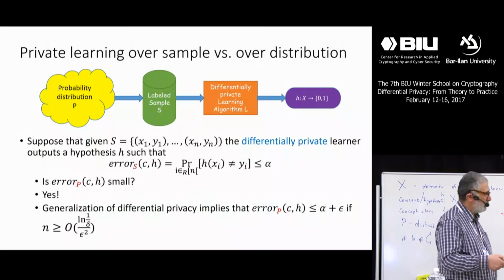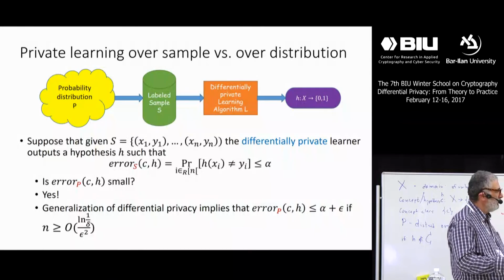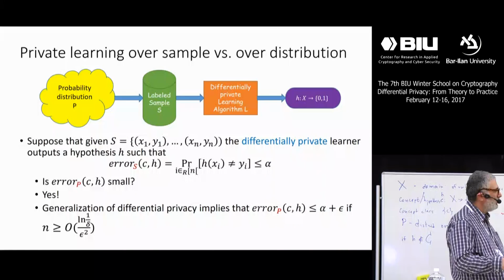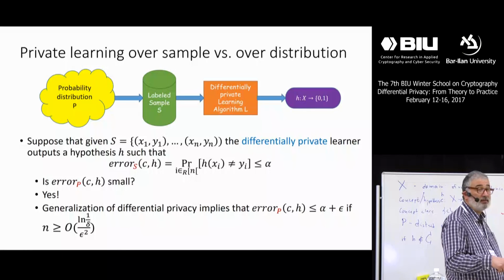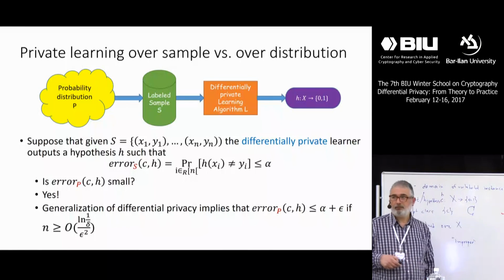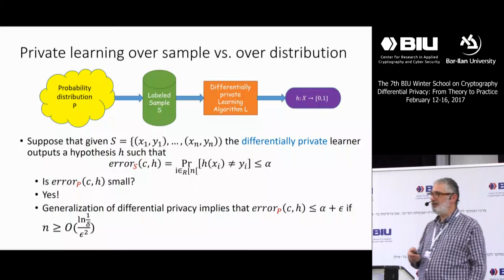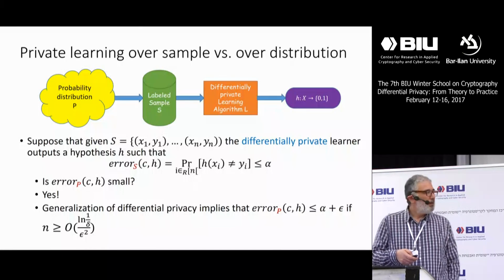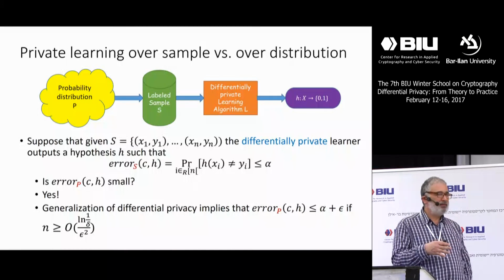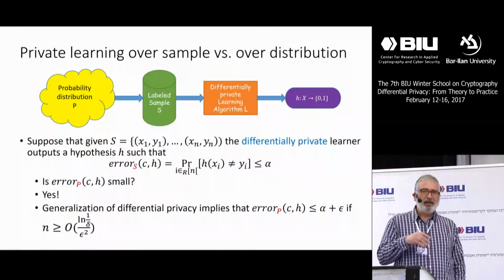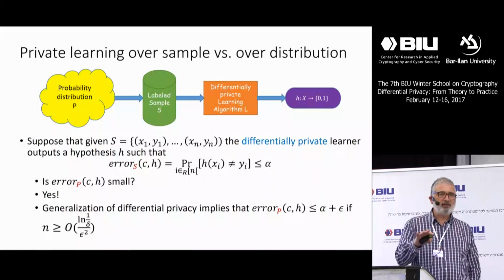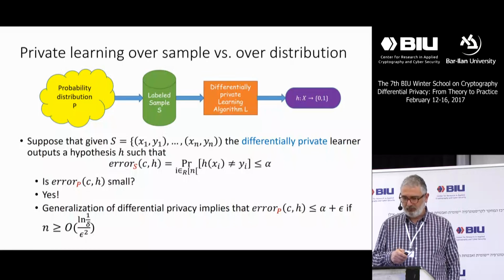Given the theorem I spoke about earlier, it will not grow by more than maybe epsilon plus delta, if the sample complexity is at least this quantity. So in a sense, if the sample complexity is big enough, we can, in many cases, blur the differences between learning over the sample and learning over the distribution. And for the rest of the talk, I will do that, although there are some subtleties, but they are not that important.